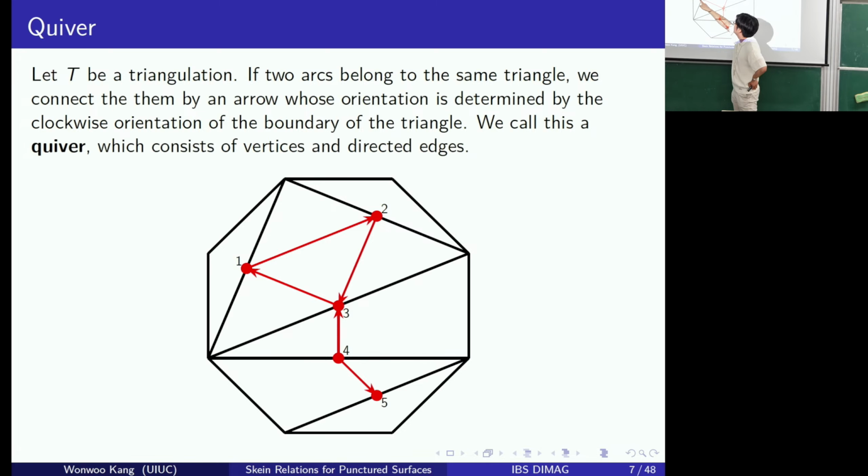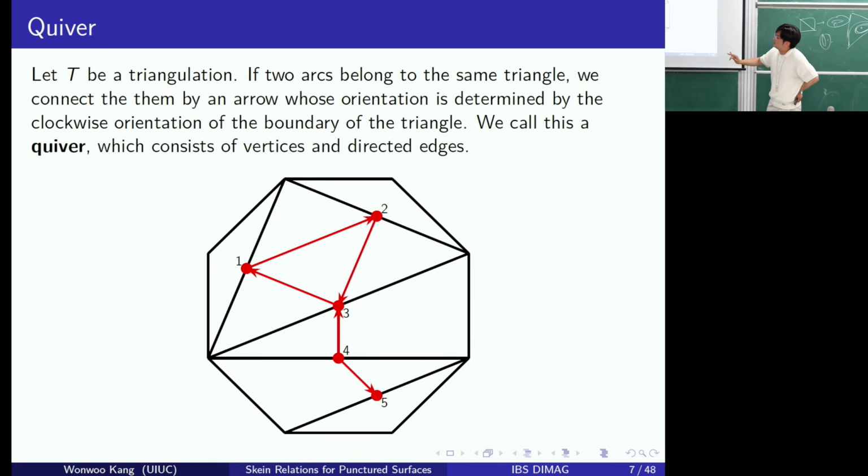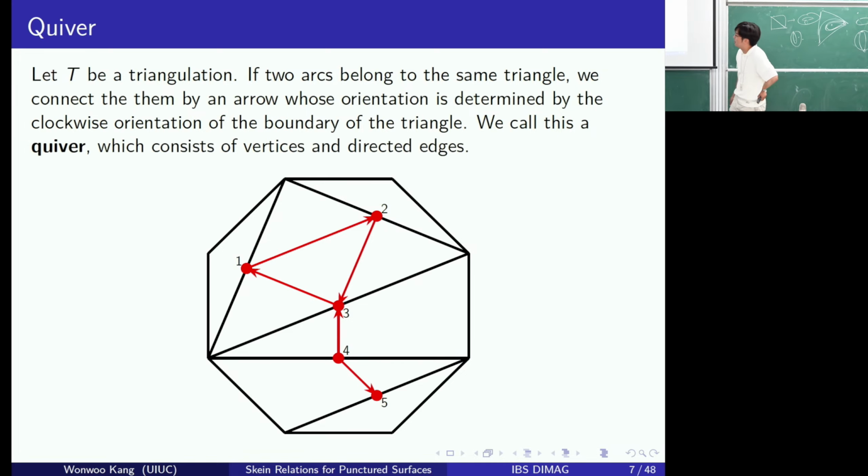So in this case, if you look at this triangle, you go from 1 to 2, 2 to 3, and 3 to 1. And naturally, it should have an arrow from here to 3, to this boundary, and this boundary to the 4. However, we will delete all the arrows whose endpoints are on the boundary.